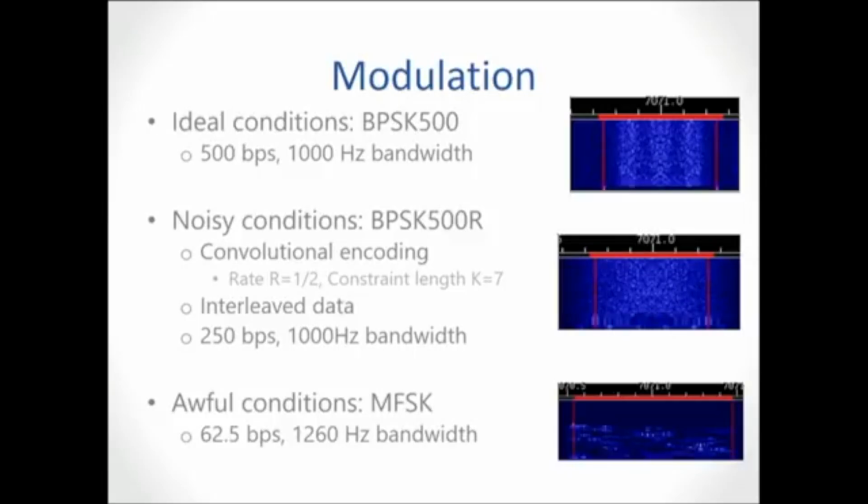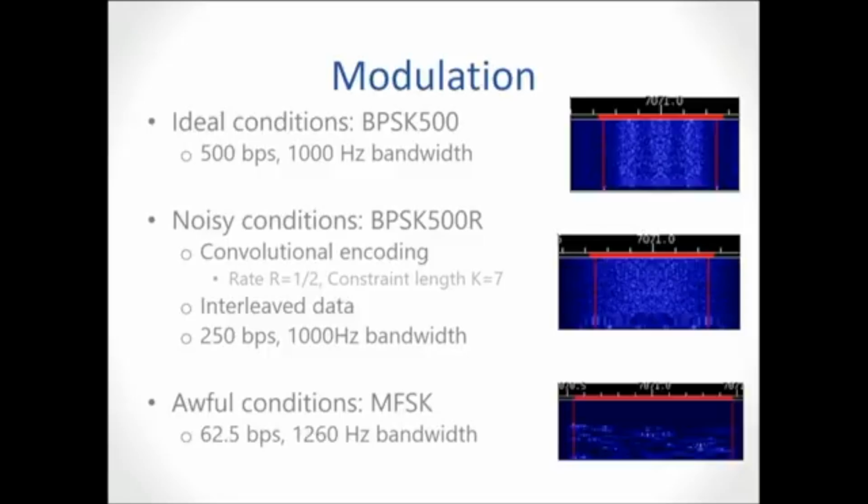We chose binary phase shift keying because it's fairly simple to implement. It has a narrow bandwidth, so we can stay out of other people's way. So in ideal conditions, when we're in a low noise environment, we can use binary phase shift keying without any external error correction. We get about 500 bits per second, and it's about 1,000 hertz bandwidth.